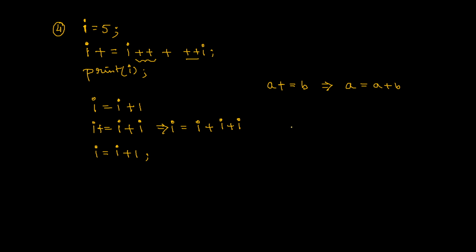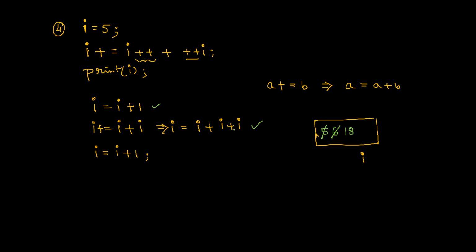So you see, as a whole, if we have a memory location, this is the I memory location whose value is initially 5, because of this, I will become 6. Now because of this statement, I will become 6 plus 6 plus 6, that means equal to 18.